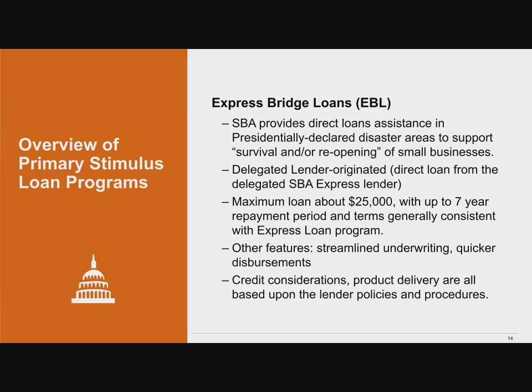So the Express Bridge Loan was set up because of the delay when it comes to mostly our economic injury disaster loans or any other loan that's available. So this was put out recently, well, immediately right after we were notified that the programs are going to change.